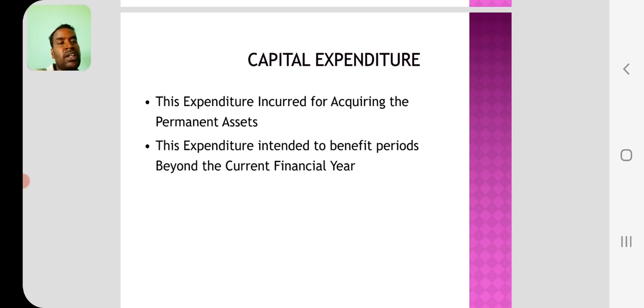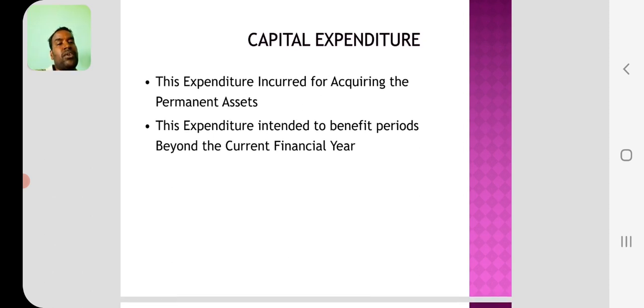The expenditure incurred for acquiring is nothing but getting the asset. How will we get the asset? Only by purchasing. How can we purchase? By paying money to some other person. It is called a capital expenditure.